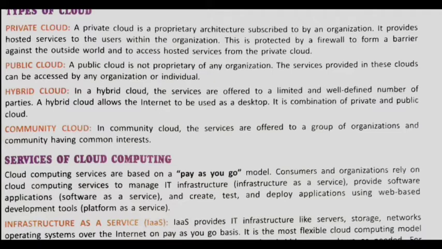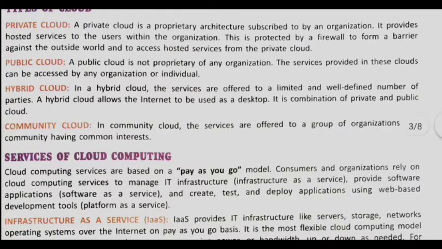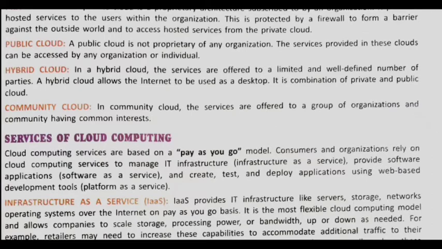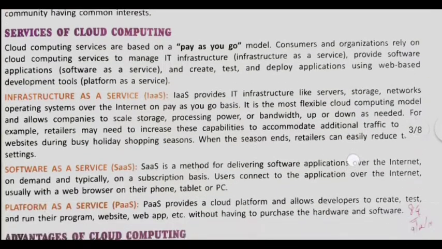Parties are limited, meaning the individuals or the companies to whom the services are given are limited and well known. Then we have the community cloud. Community cloud provides the services to a large group of organizations and communities that have the same or common interests. So these are the four types of clouds.